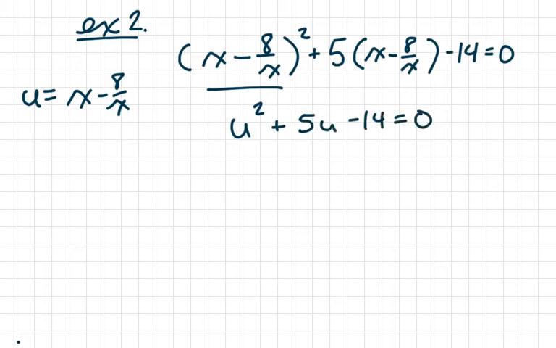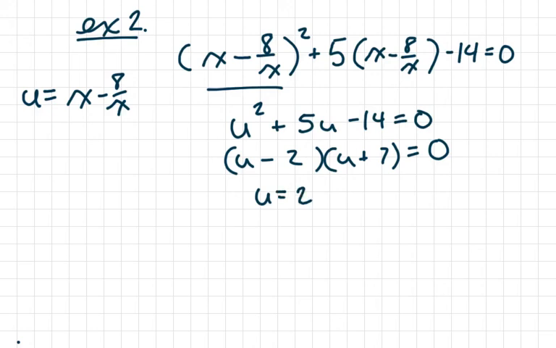I can hopefully factor this. Let's do it. Okay, so we got the u. This is going to be a plus minus, right? And we have plus 7 and minus 2 here. So our u's are 2 and, you know what? I'll separate this out.